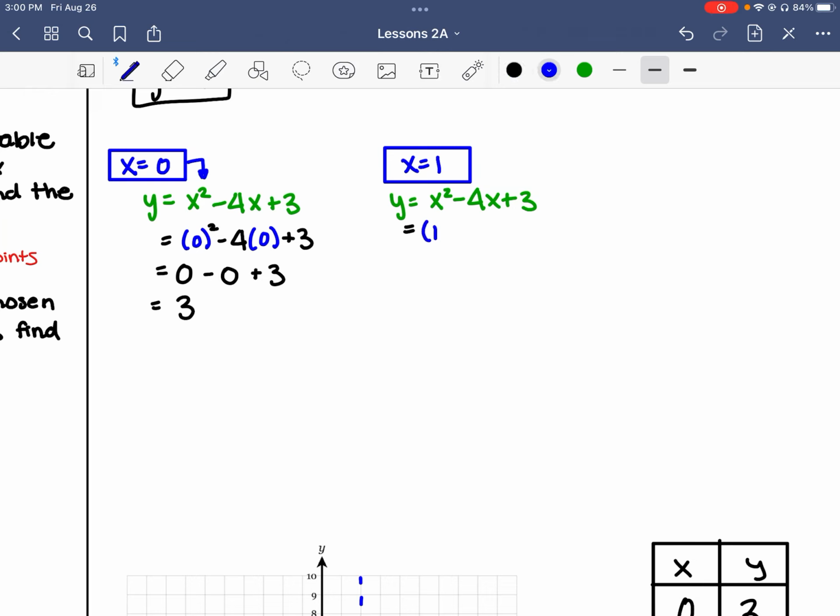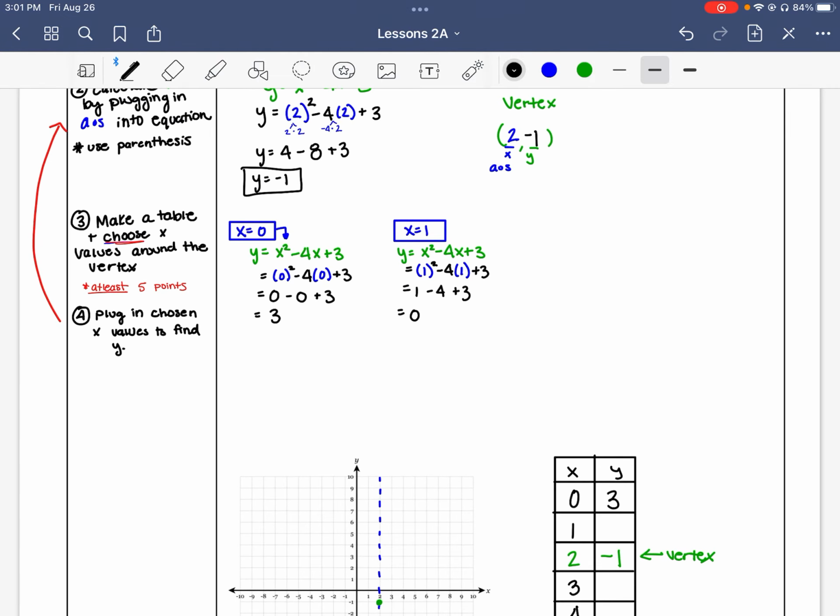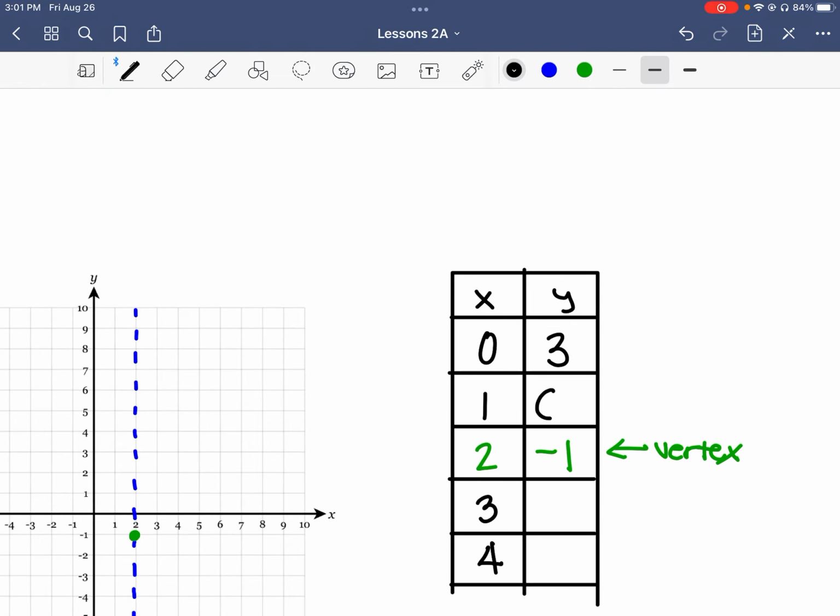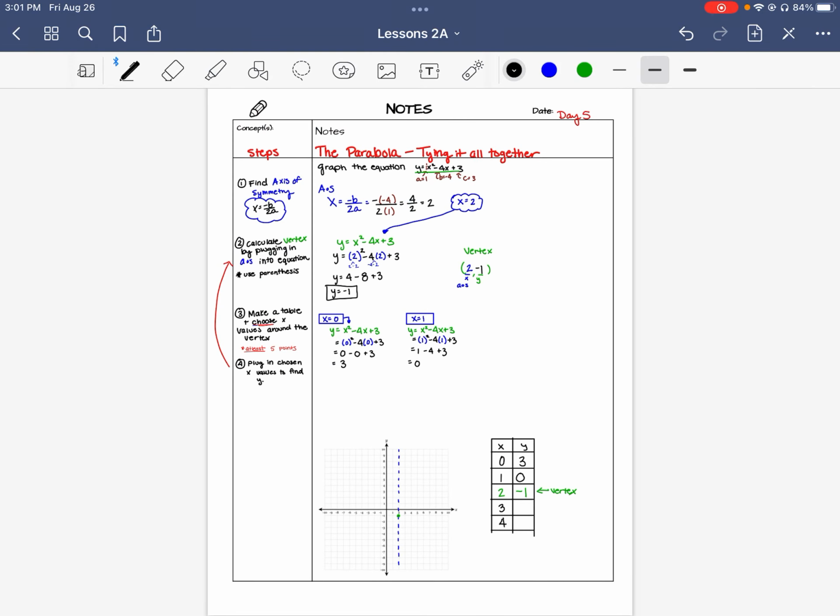Instead of x, I'm going to plug in 1 this time. 1 squared minus 4 times 1 plus 3. 1 squared is 1 times 1, which is 1. Negative 4 times 1 is negative 4 plus 3. If I add this up on a calculator, I will get 0. So here I get 0.